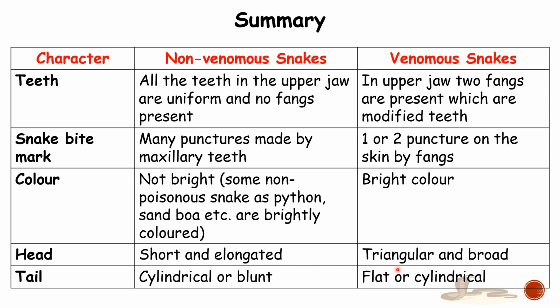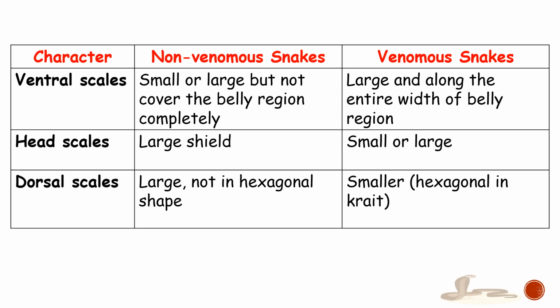On the other hand, venomous snakes have a triangular and broad head. Coming to tail structure, non-venomous snakes have a cylindrical or blunt tail, whereas venomous snakes have a flat or cylindrical tail shape.